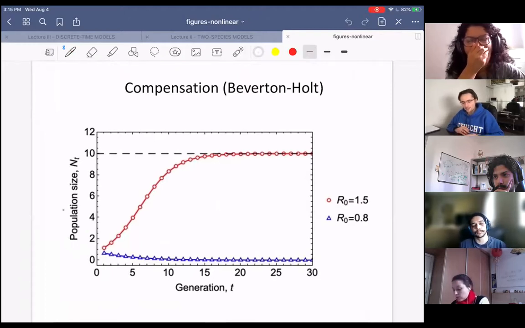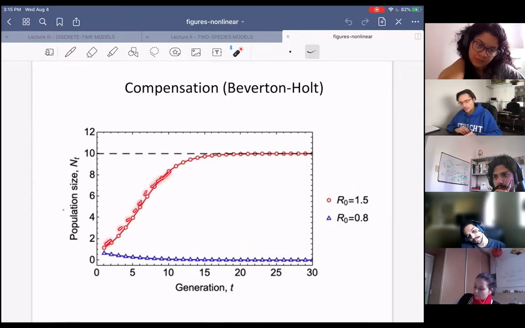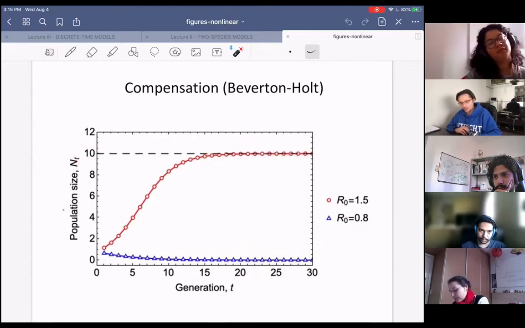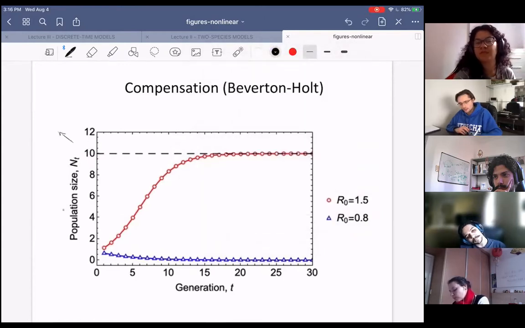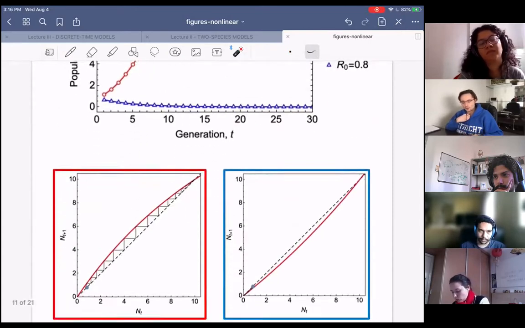For instance, if you start your population size with some small value and you get R0 larger than 1, through the iterations the population starts growing, and eventually competition comes into play, and the population saturates at K, which is the value that I chose here. Here I'm using K equal to 10. If I choose an R0 that is very small, then the iteration takes me to 0, to 0, to 0, and eventually my population goes extinct.